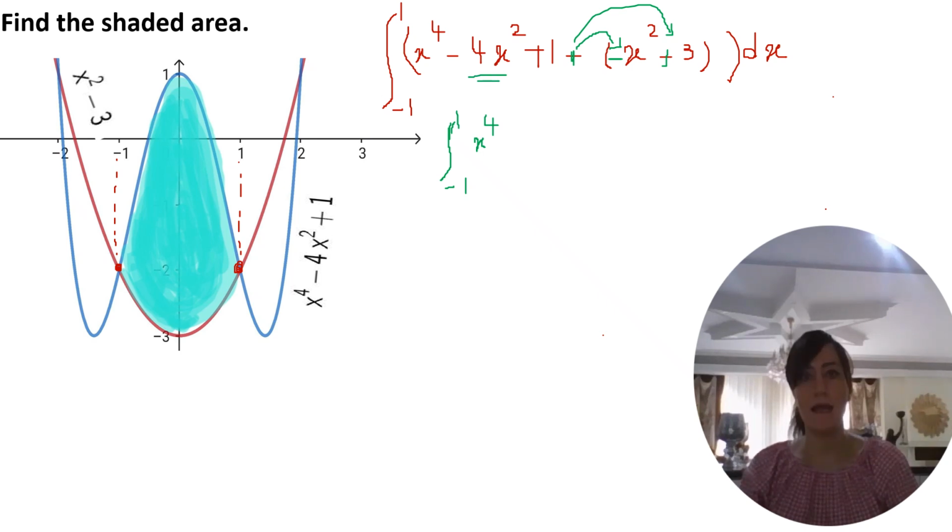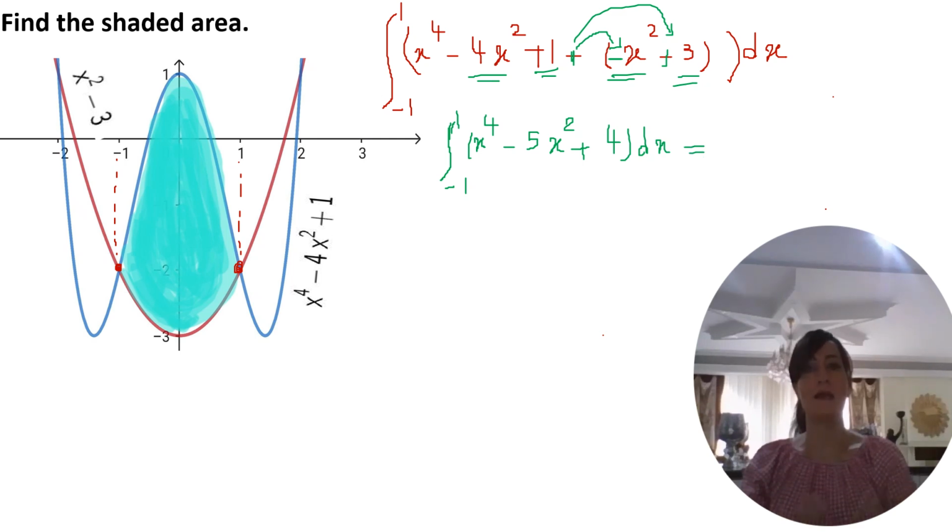For x squared, I have two terms: -4x squared minus x squared gives me -5x squared. And the constant terms: 3 plus 1 gives me 4. I put all this expression inside the parentheses, and then dx.